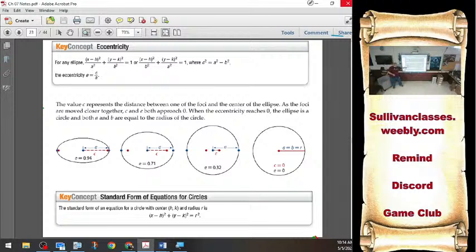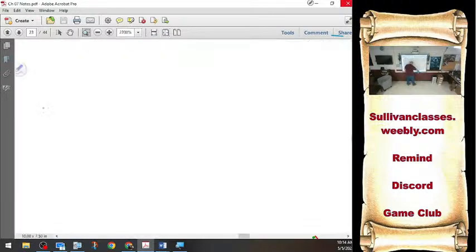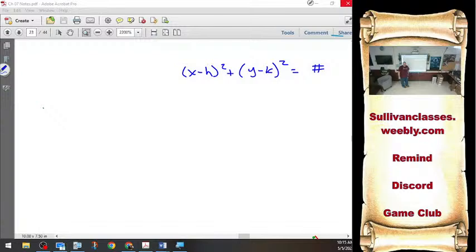If I go the other way, if I bring that closer and closer and closer together, my eccentricity is 0. It's a circle. If it's a circle, that means it has a radius instead of A's and B's. If it has a radius instead of A's and B's, when I try to make my equation, and then I've got a number over here, what happens when I divide by that number?